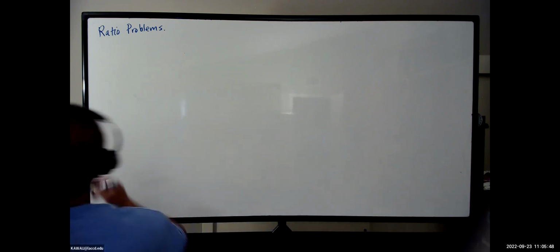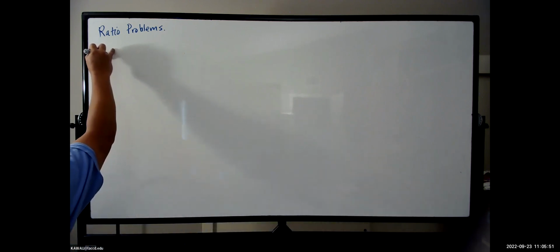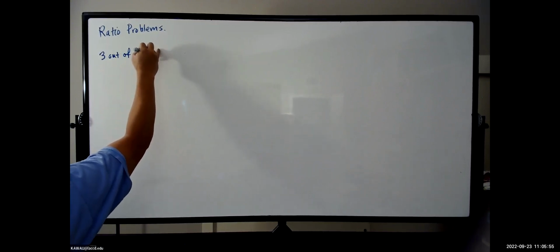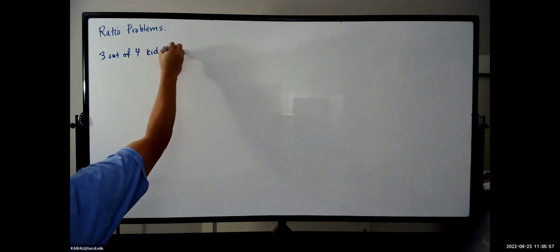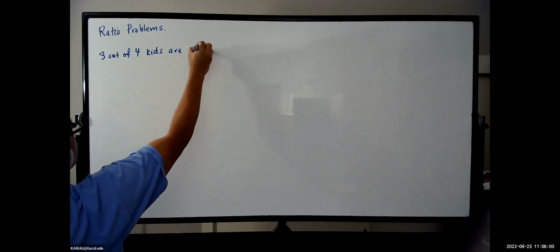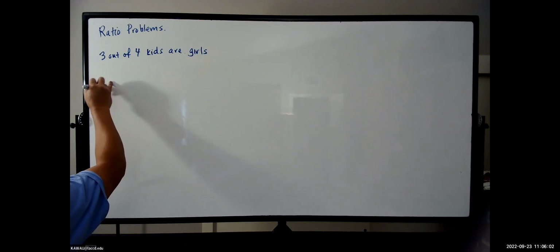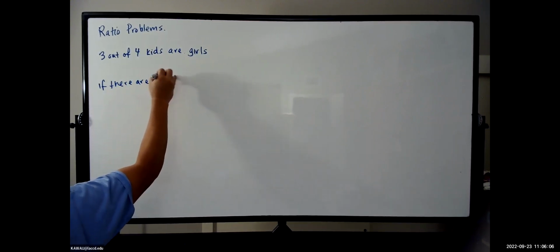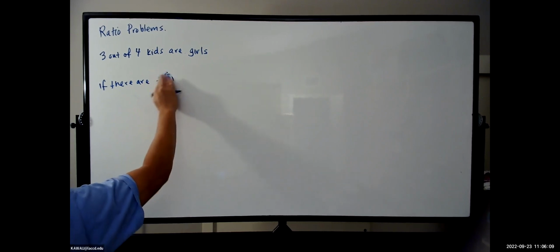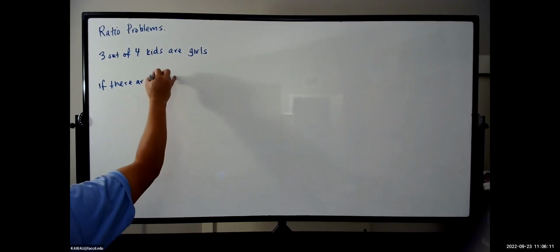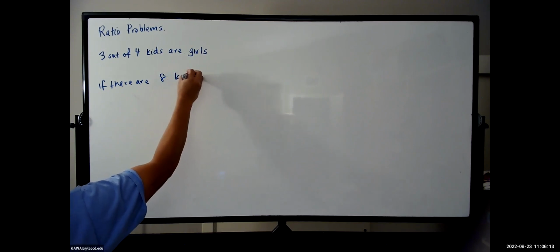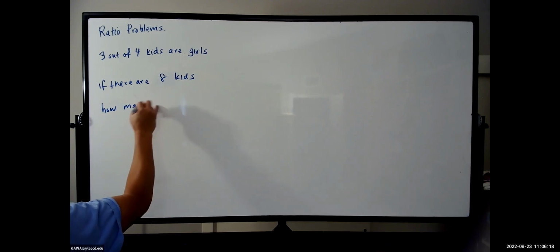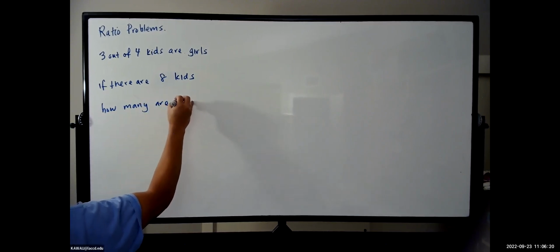So if I said something like, 3 out of 4 kids are girls, if there are 8 kids, how many are girls?